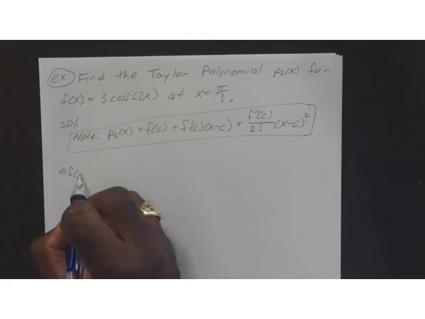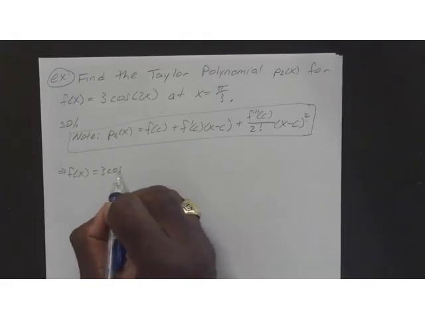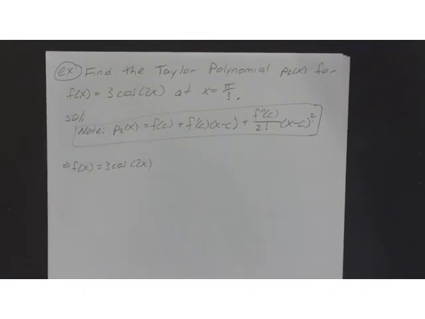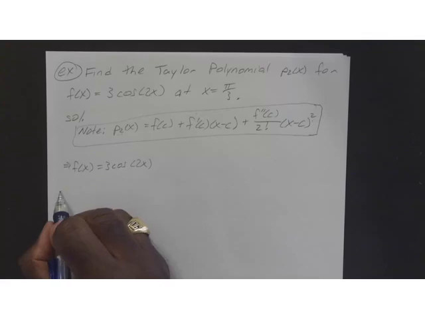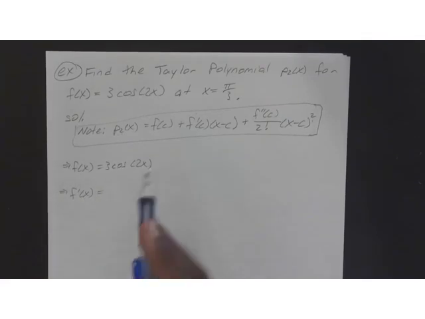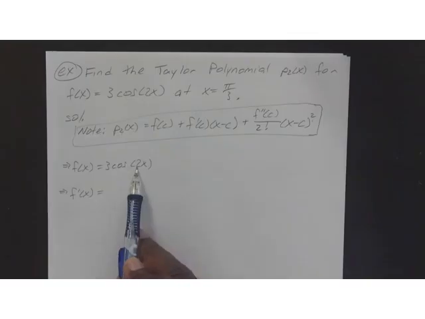Okay, so we know that f of x is 3 times cosine of 2x. And f prime of x is the derivative of cosine, which is negative sine, times the derivative of what's inside, which is 2.